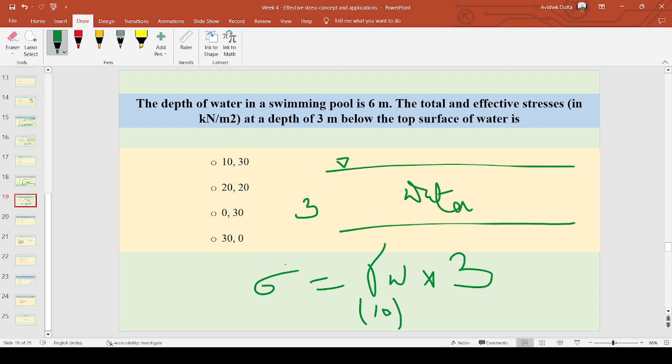This gives us 30 and effective stress is 0. So the answer is 30 and 0. Is it clear? Is there any doubt? Clear.